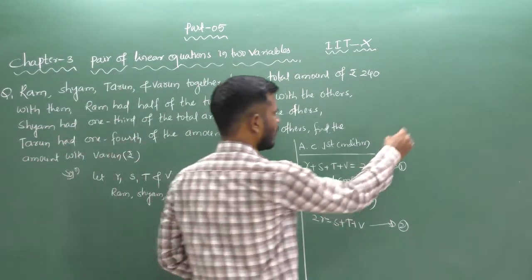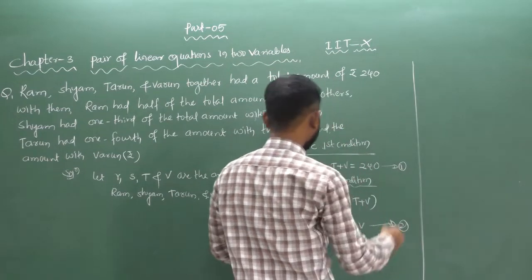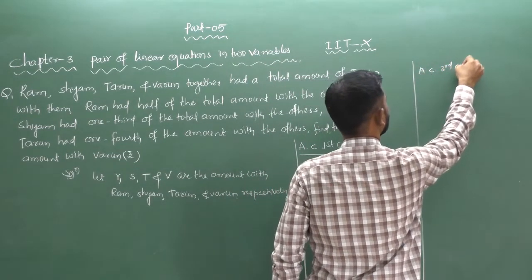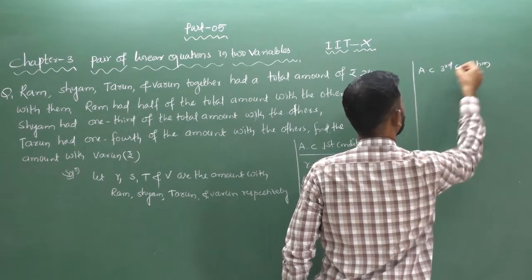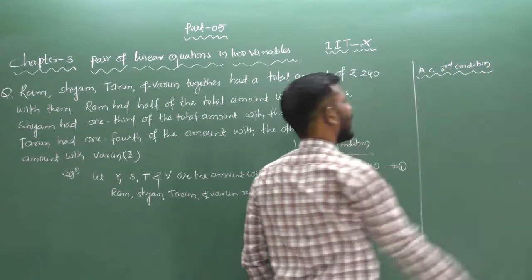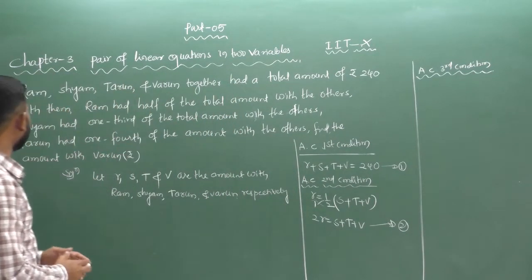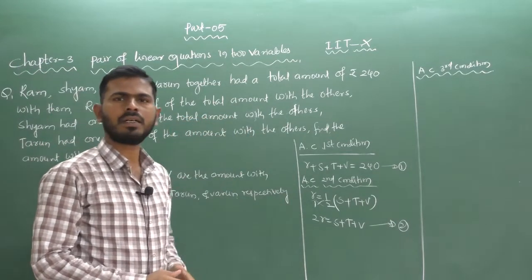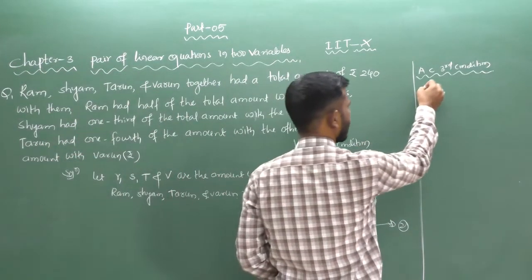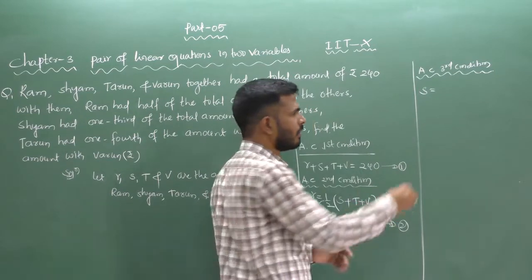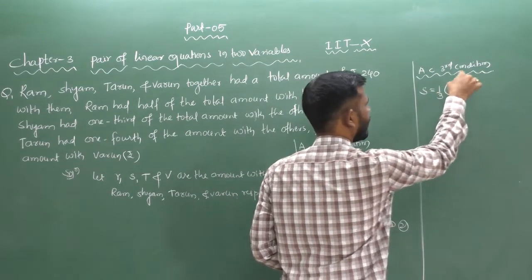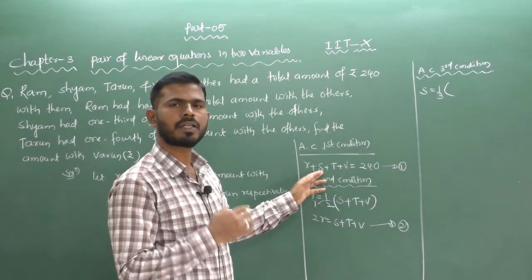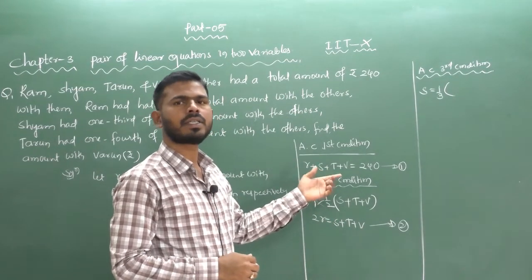Similarly, we have to find according to the third condition. Shyam had 1/3 of the total amount with the others. So Shyam had, S equal to 1/3 of the remaining others.